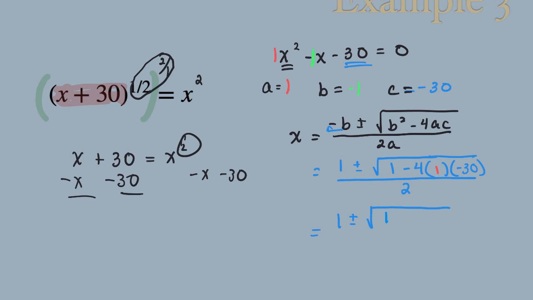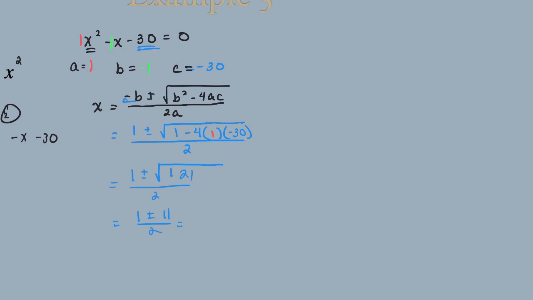So apparently this would factor, because the square root of 121 is just 11. Now be careful, this does give you two answers here. The first one is 1 plus 11 over 2, and the second one is 1 minus 11 over 2. That's 6, and that's -5.